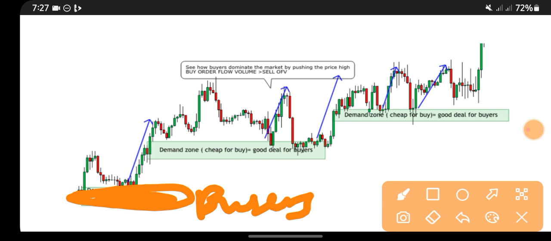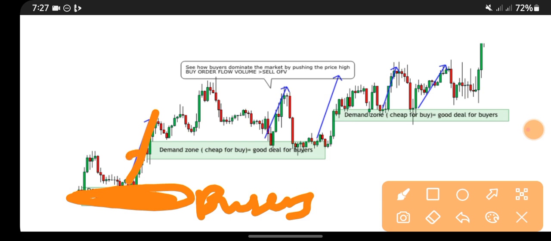And so in this zone, buyers add to their positions more. Those who want to go long in the market add to their positions, moving the price up.